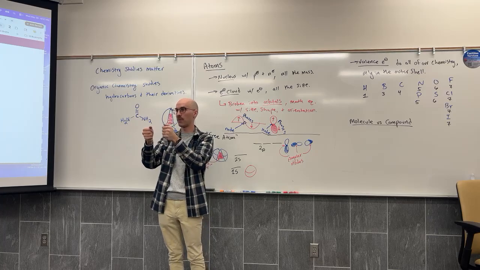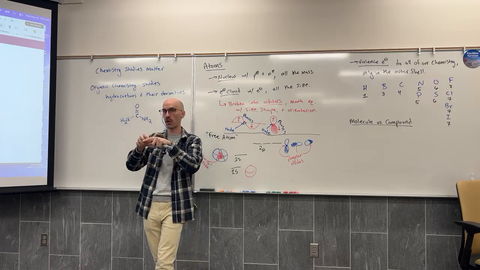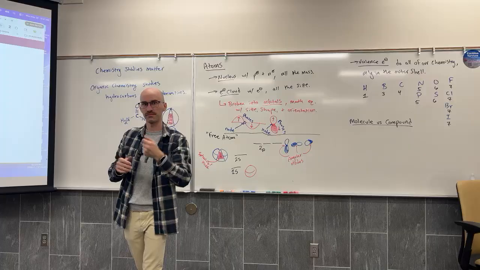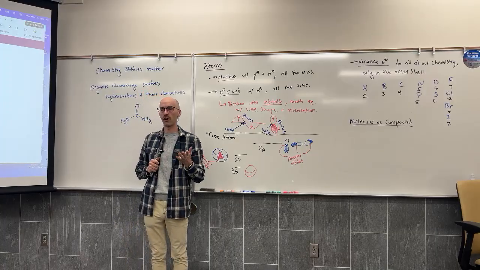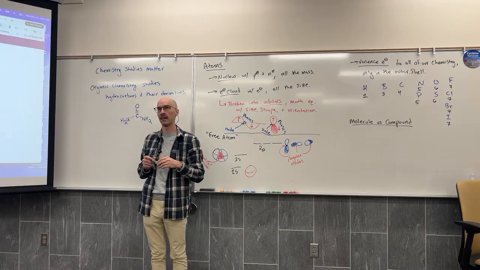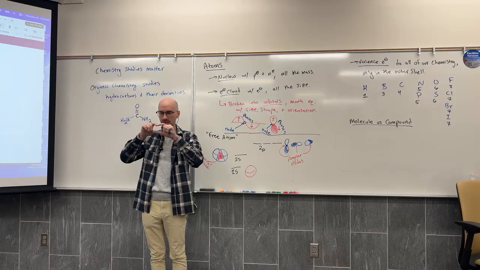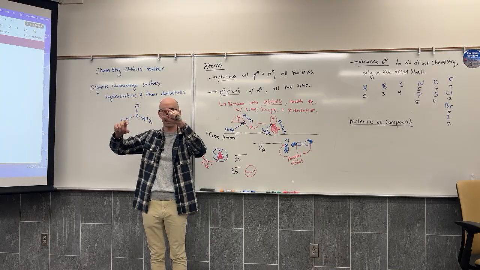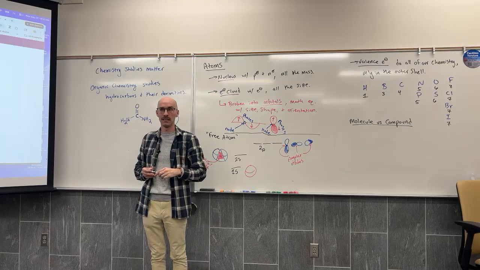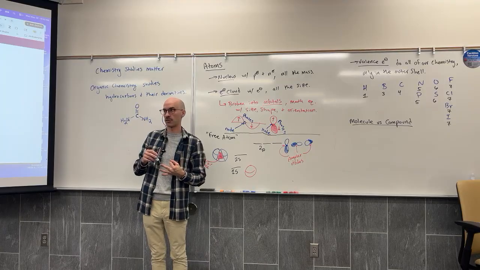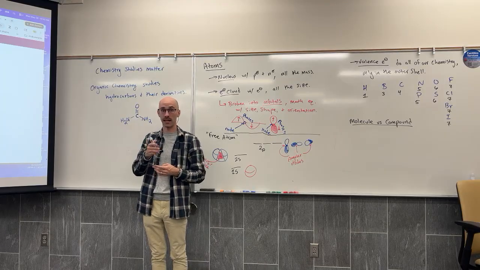It's just the element in its most stable form amongst itself. Is that diatomic? A diatomic element. Sulfur also forms an element, but it's octatomic. S8, it forms this weird 8-membered ring of sulfur. That's sulfur in its most stable form. Oxygen, hydrogen, nitrogen, the halogens, all diatomic in their most stable form.